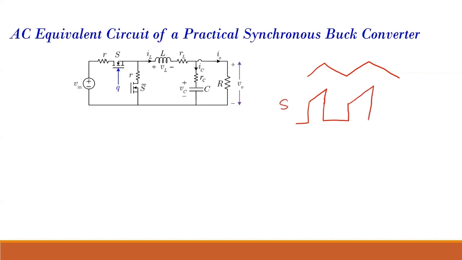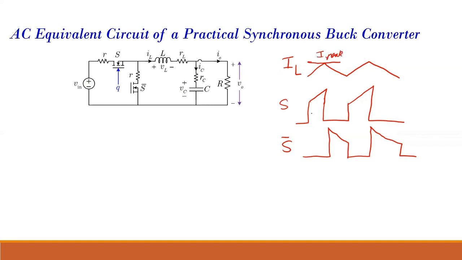This is the current flowing through S, and this is the current flowing through S bar. For peak current mode control, we need a maximum peak. Okay, this is my peak.